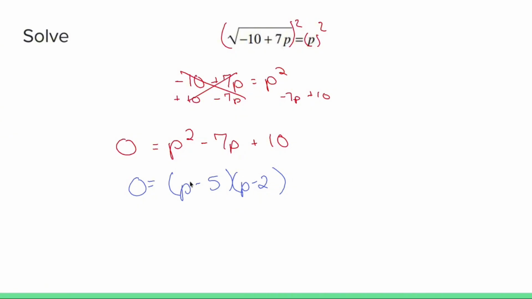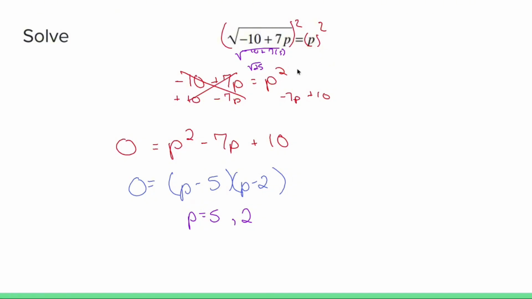So, zero product property, if p minus 5 equals 0, 5 is an option. If p minus 2 equals 0, 2 is an option. So let's go over here and make sure nothing wacky happens, right? If I were to plug in 5, I would get negative 10 plus 7 times 5, which is asking me to find the square root of 25, right?